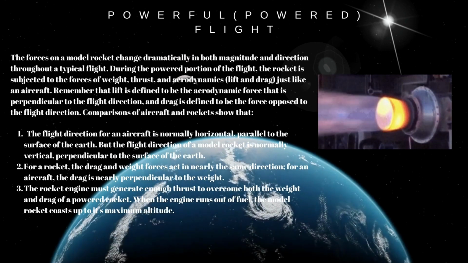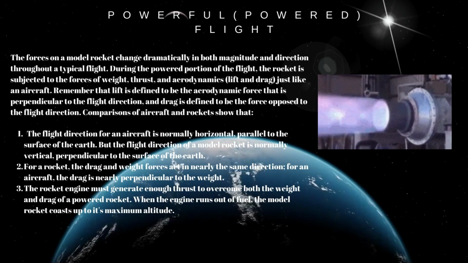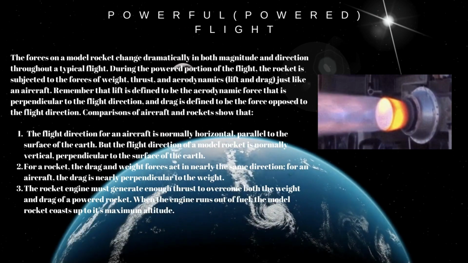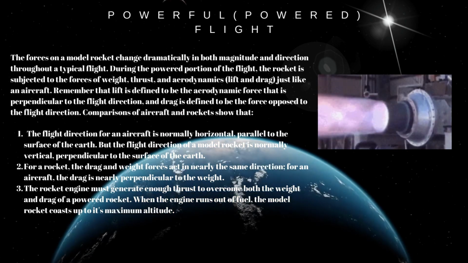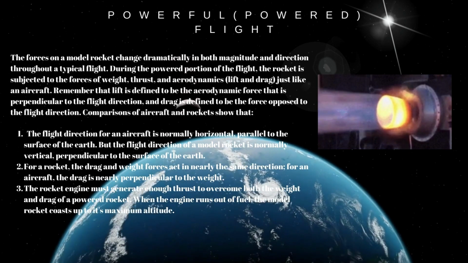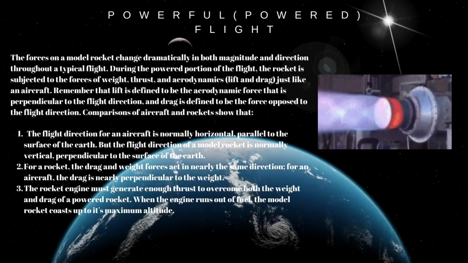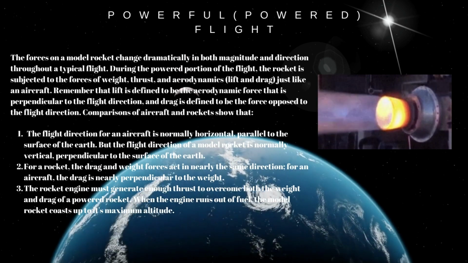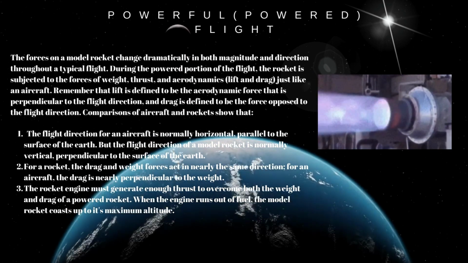Comparisons of aircraft and rockets show that, first, the flight direction for an aircraft is normally horizontal, parallel to the surface of the Earth, but the flight direction of a model rocket is normally vertical, perpendicular to the surface of the Earth. Secondly, for a rocket, the drag and weight forces act in nearly the same direction.